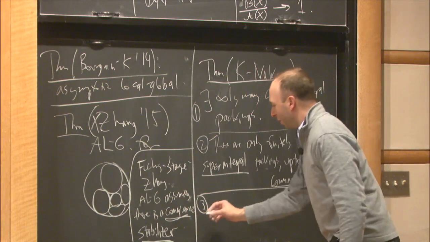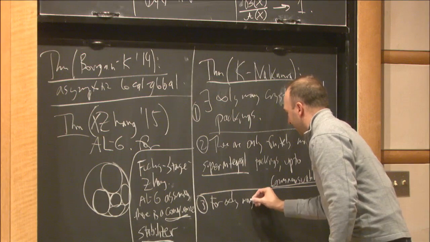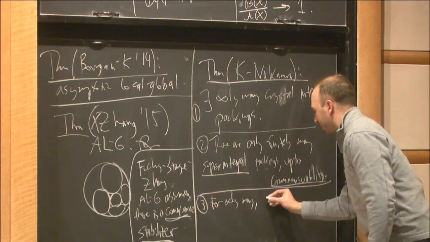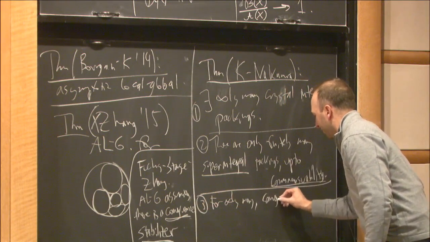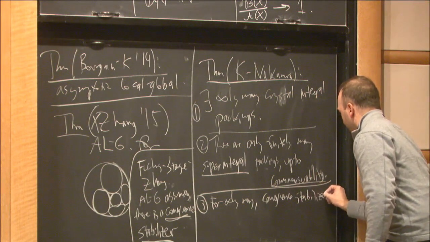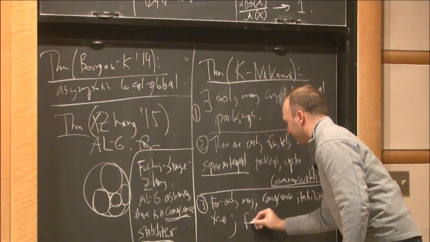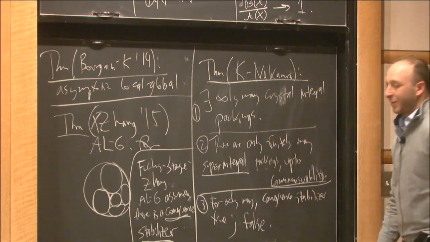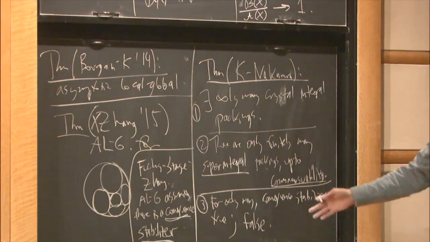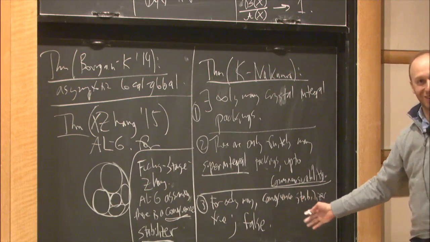Let me write it down. For infinitely many, this congruence stabilizer condition holds. The congruence stabilizer condition is true. And for infinitely many, it's also false. Okay, so this general asymptotic local-global problem is far from resolved.